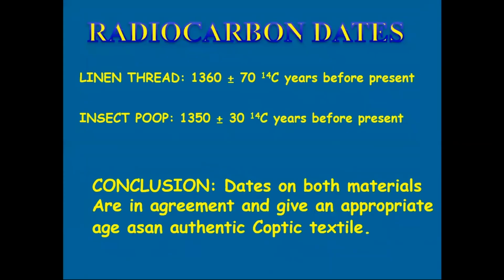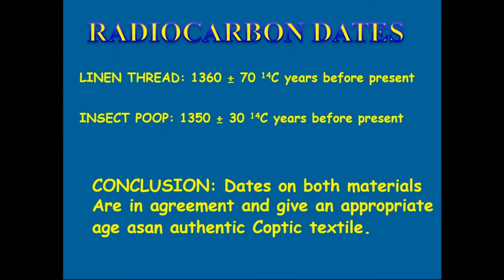The linen thread was dated to 1360 radiocarbon years, the insect poop to 1350, which is essentially perfect agreement. And so we can get the radiocarbon age off of the insect poop just as well as we could do off the Coptic textile, so we could have made it completely non-destructive to the textile had we known this in advance.